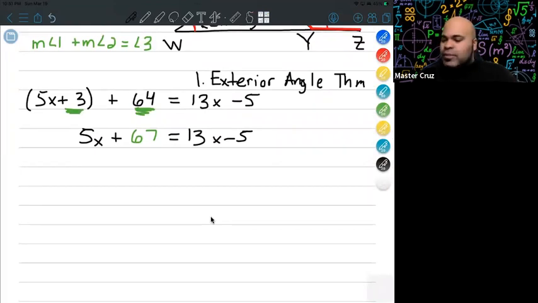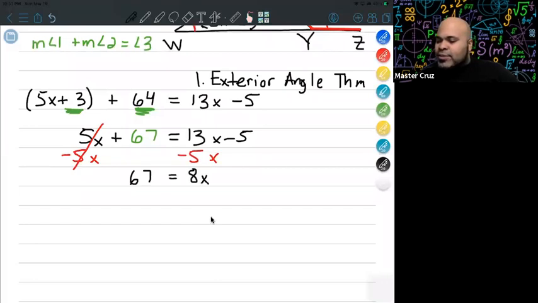I'm just going to move all the variables to the right, so I end up with positive variables. I'm going to subtract 5x from both sides, and this will cancel, and I'm going to get that 67 equals 13 minus 5 is 8, so 8x minus 5.